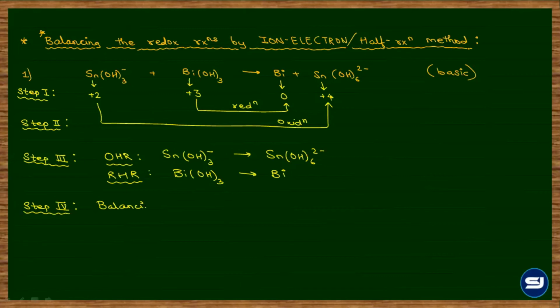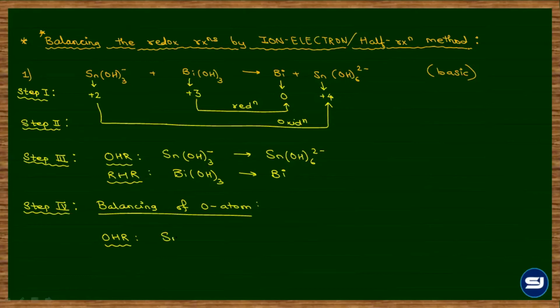So once you split up, next would be a specific step of balancing oxygen atoms, and the rule remains the same. Count the oxygen on both sides. जहां पर कमी है पानी ऐड कर दो. So count the oxygen. Left में 3 and right 6.